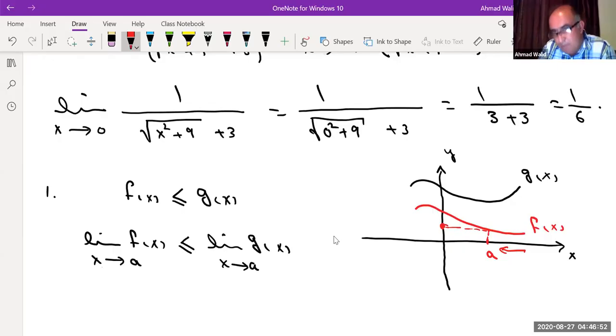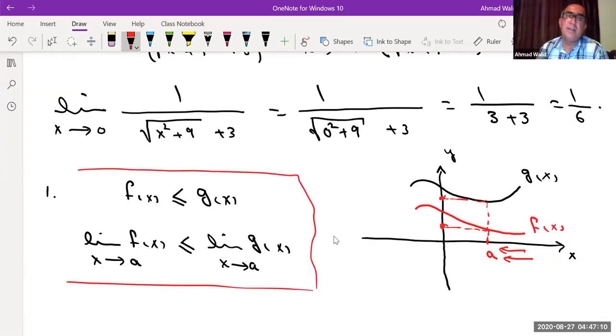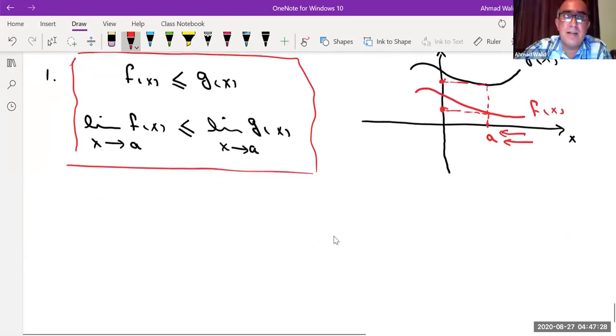For the g, same way, if you approach a, this is the limit of g of x as x approaching a. Which number is greater, this one or this one? Definitely the one above, right? Then this theorem is exactly a correct theorem. When you compare two functions, and one of them is less than or equal to the other, then this theorem or this law or this property works very well, correct? Their limits have the same relation.